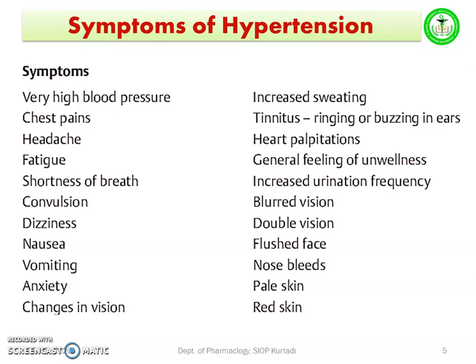Later on, there may be high blood pressure during the hypertensive condition, chest pain, headache, fatigue, shortness of breath, convulsion, dizziness, nausea, vomiting, anxiety, changes in vision, increased sweating, tinnitus, heart palpitations, general feeling of unwellness, increased urination frequency, blurred and double vision, flushed face, nose bleeds, pale and red color skin.